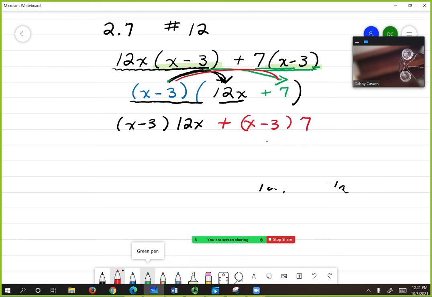It's not written exactly the same, but these are equivalent. Why? Because multiplication is commutative. A times B is the same thing as B times A. Okay, I hope that clears that up.